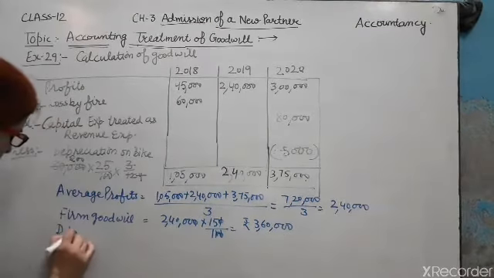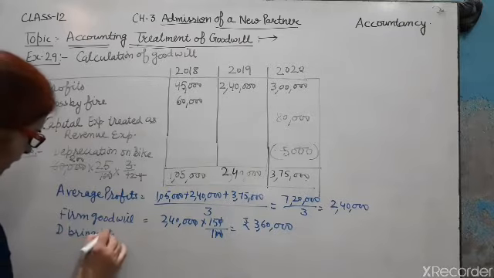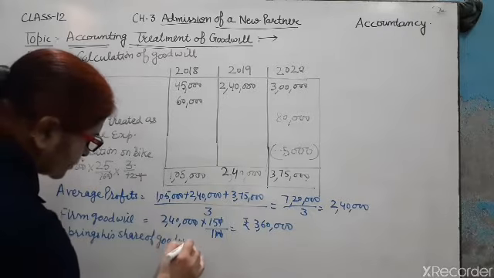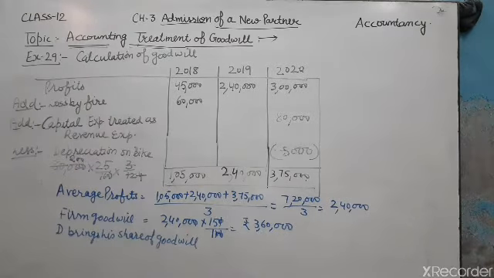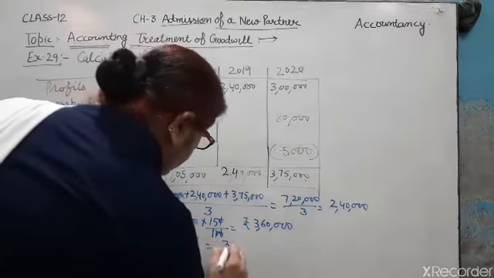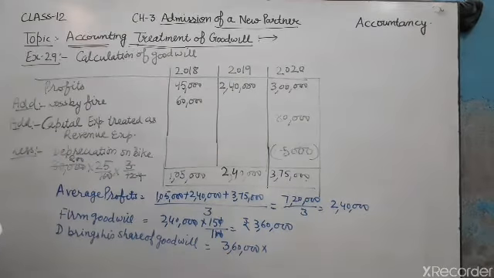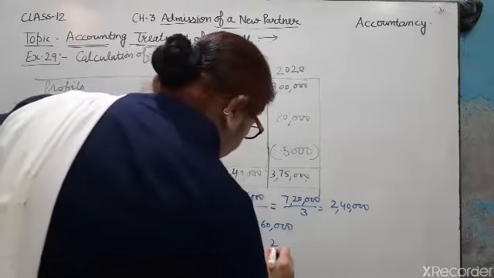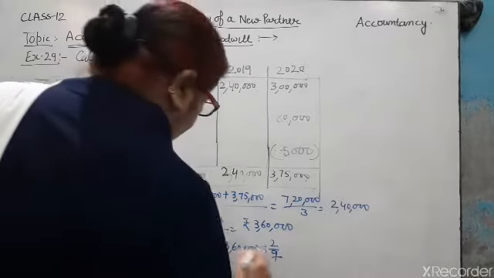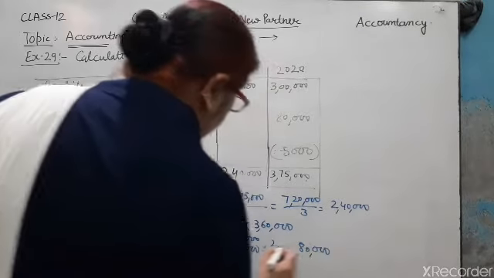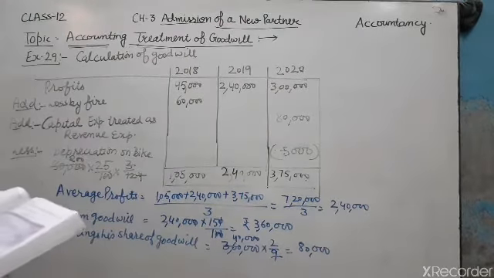And now D brings his share of goodwill, which is equal to 3,60,000 multiplied by 2/9, as D enters this firm for 2/9 share. 9 fours are 36. That means D brings his share of goodwill 80,000.